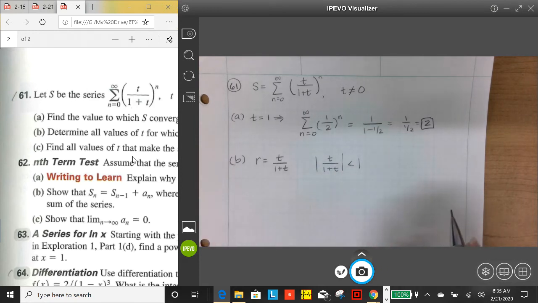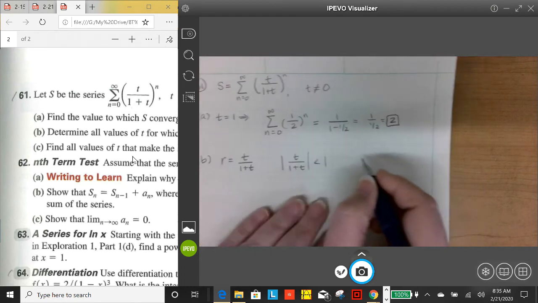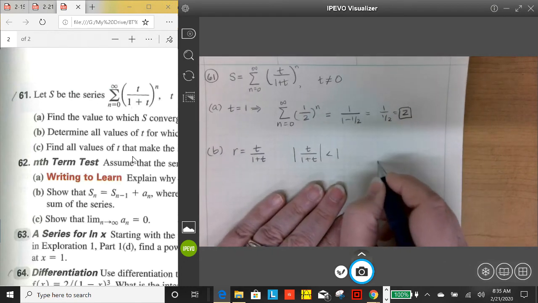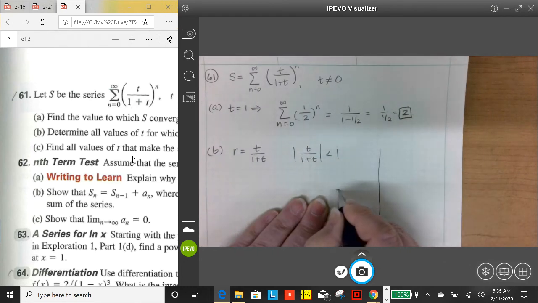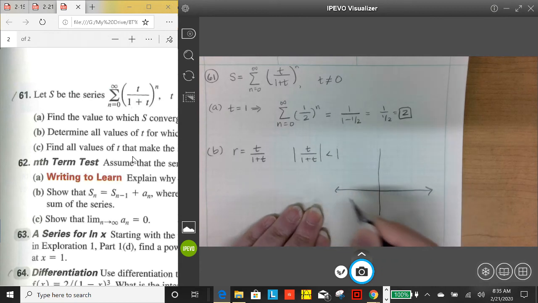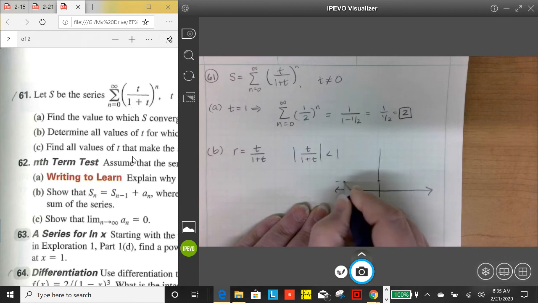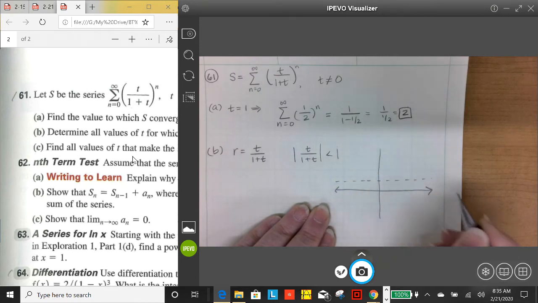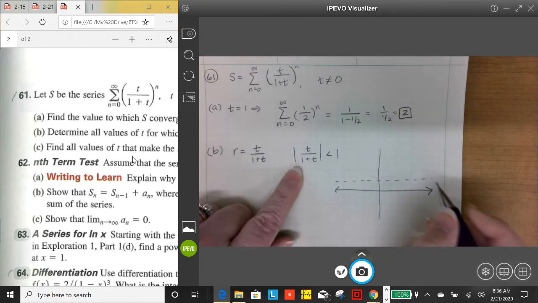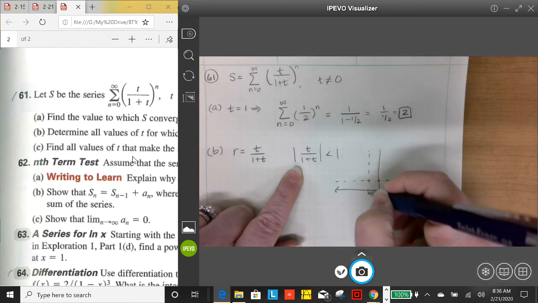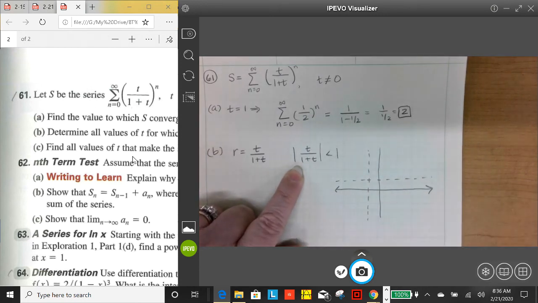Wow, that's fascinating because that's a rational function, right? A rational function that we learned how to do in pre-cal, whose horizontal asymptote is at 1. Here it is. It's got a vertical asymptote at negative 1. There it is.